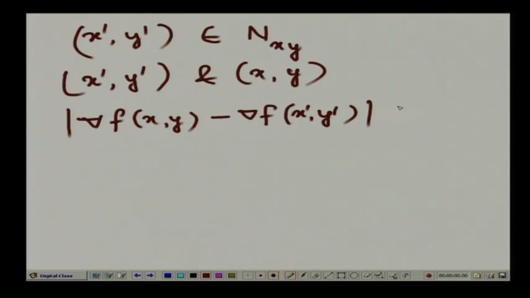That means the difference should be less than or equal to some non-negative threshold T. And the directions should also be similar.